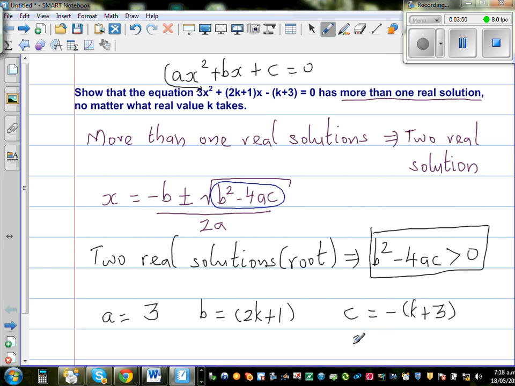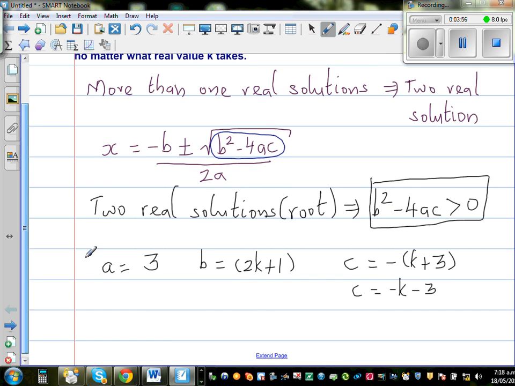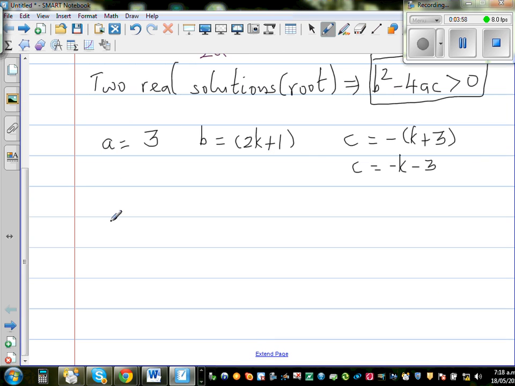If you simplify, c is minus k minus 3. Let us find b squared minus 4ac. So b squared minus 4ac is equal to (2k plus 1) the whole squared minus 4 times a times, in the bracket, minus k minus 3.